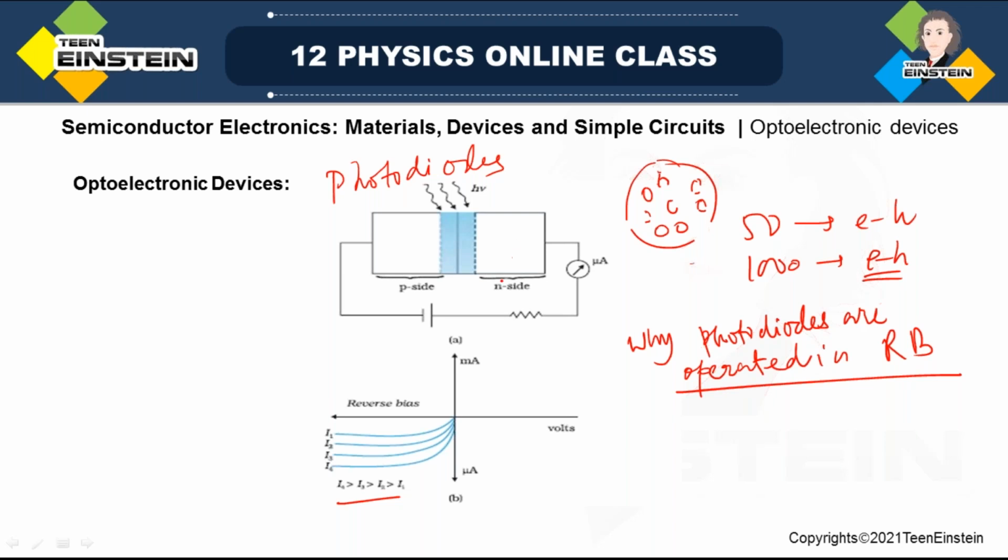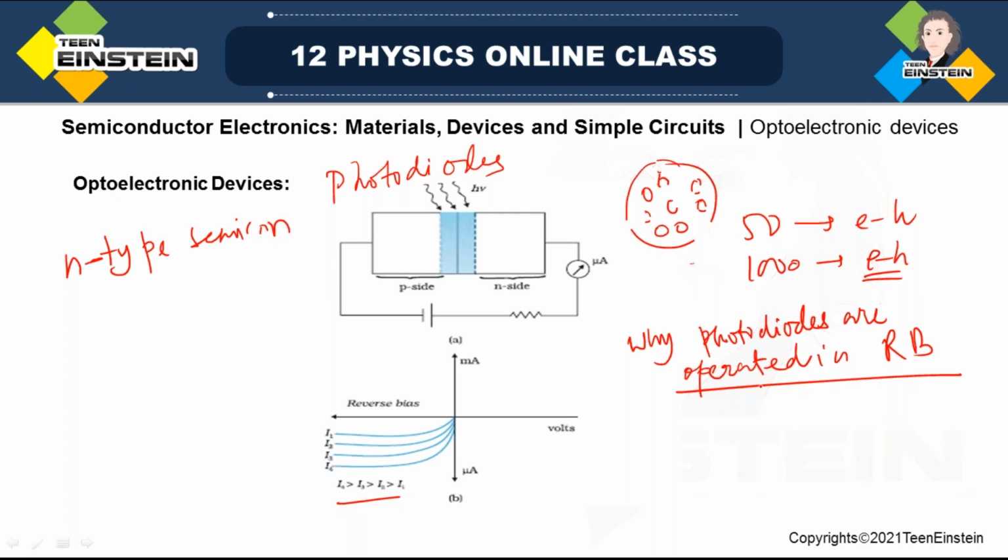Look here, electron and hole pairs are generated in equal number, right? Suppose I take an n-type semiconductor.